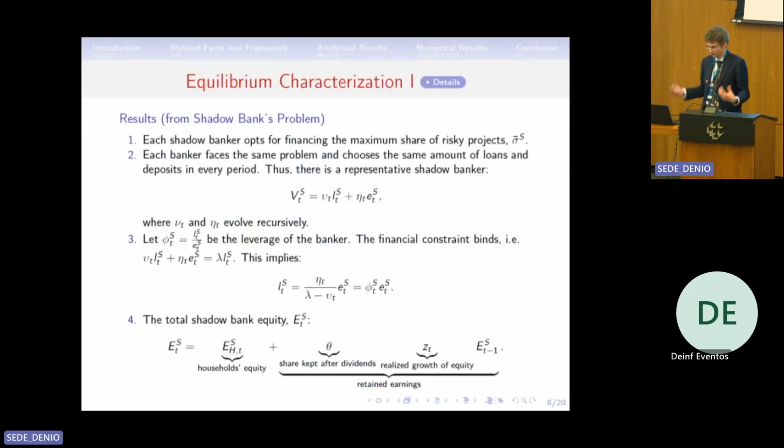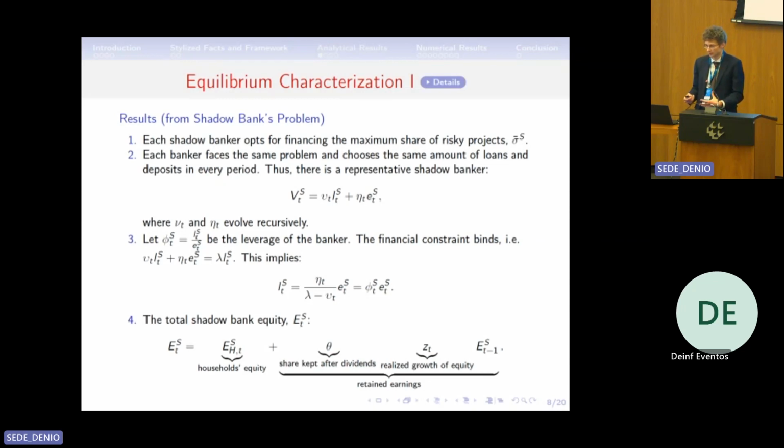I have a bunch of theoretical results, so just very quickly here: shadow banks choose to finance the maximum share of risky projects, and I also define the value of a bank as a linear function of loans and equity. The constraint is always binding here.